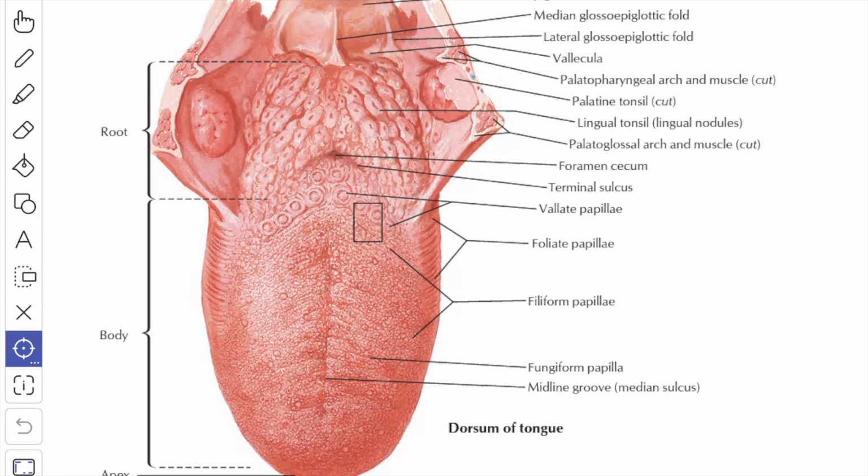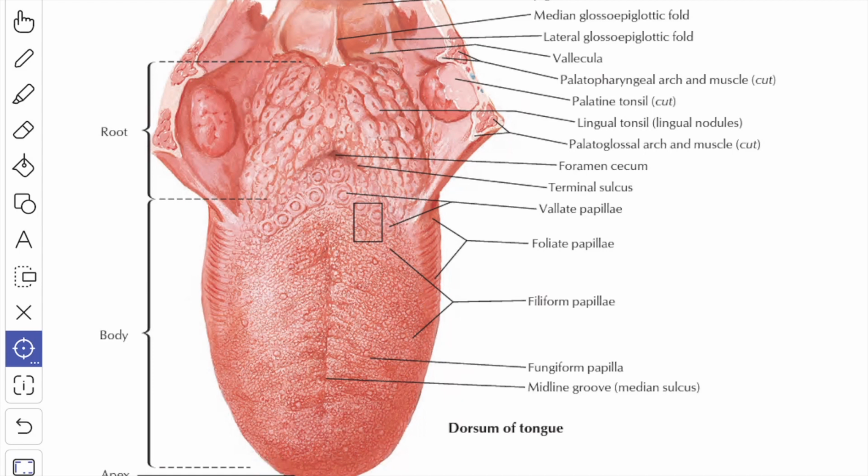So you have the tip, the base, the dorsal surface, the inferior surface, and two lateral margins. This part of the tongue is the root of the tongue, and this part of the tongue is the body of the tongue.